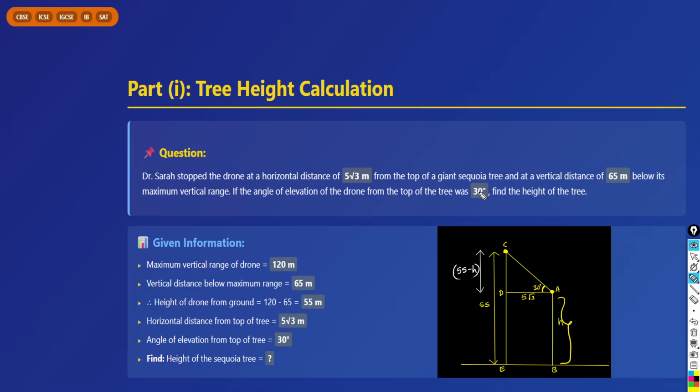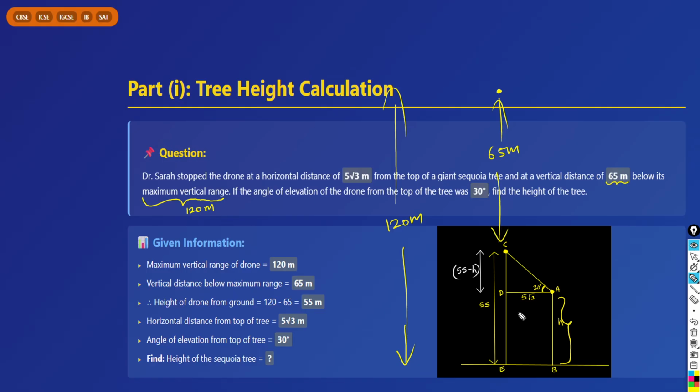And they've clearly mentioned that the drone is at a vertical distance of 65 meter below its maximum vertical range. As we know the maximum altitude of drone to be 120 meter, this is the maximum altitude of the drone, that is 120 meter. Now, from its maximum range, the drone is 65 meter below.